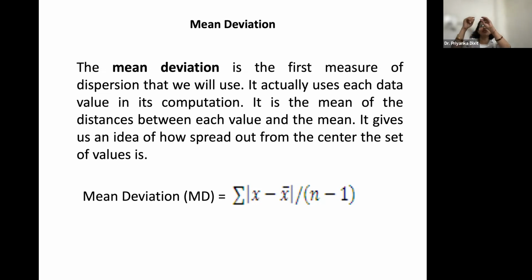We are going to calculate all the different distances from the mean. We are going to measure how far the different values are from the mean. That is the numerator part.